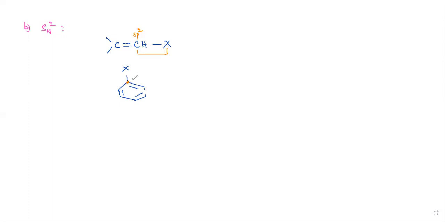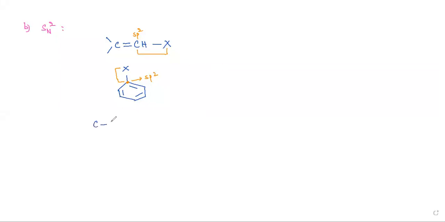Even here also, this is of sp2 type. And even here also you got sp2 carbon halogen bond. Now, because the bond here is stronger when compared to sp3 carbon halogen bonds in alkyl halides, what we see generally, these do not undergo SN2 also.